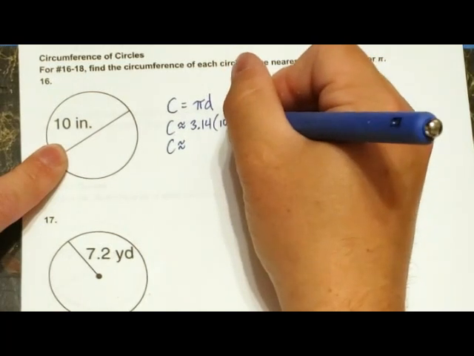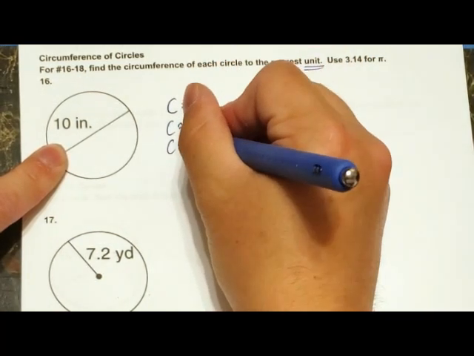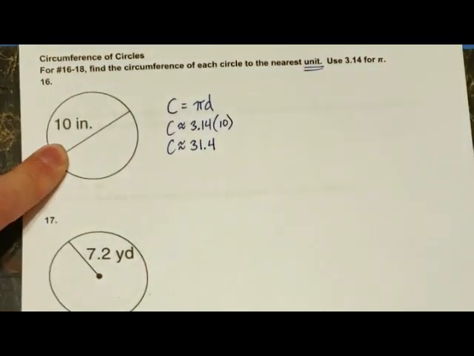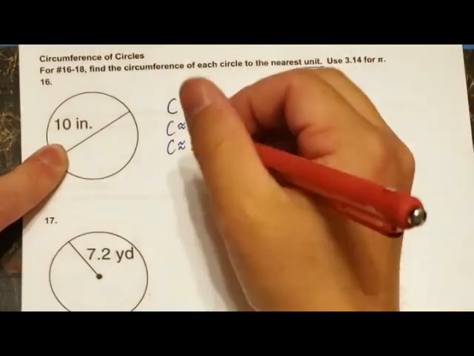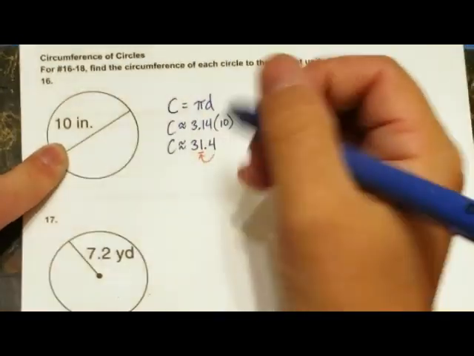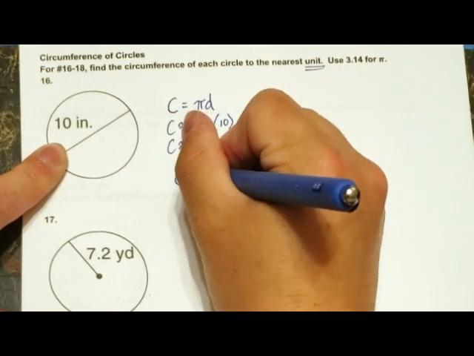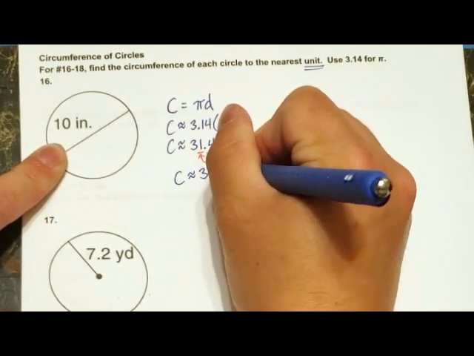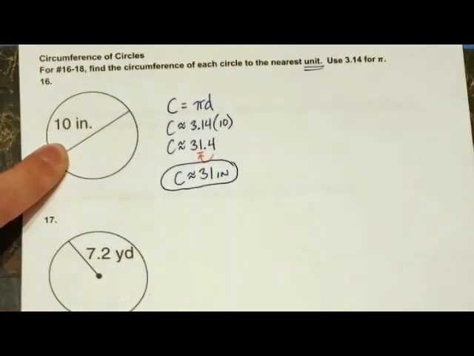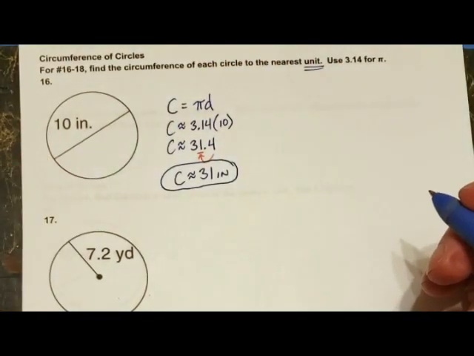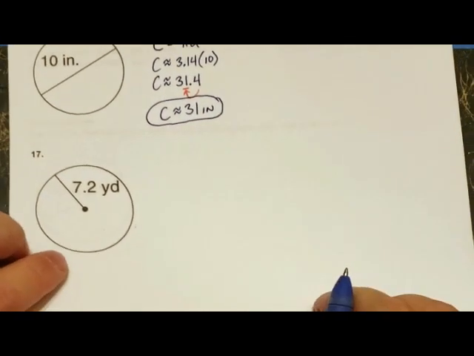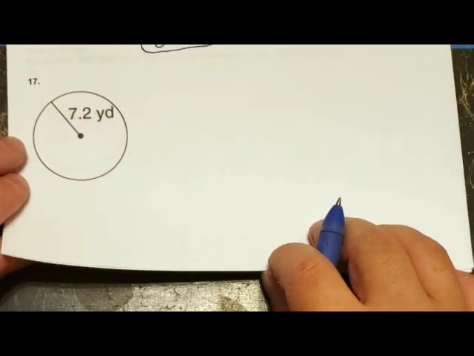When you multiply by powers of 10, it just moves your decimal. So it would give you 31.4. And then we're supposed to round to the nearest unit, the nearest whole number. All right, so this 4 would let the 1 stay a 1. So this would be 31 inches. But you're not even going to have to worry about the inches, just 31. Okay, just for right now, that's an added bonus to doing this social distance style. All right, not even worried about the unit.